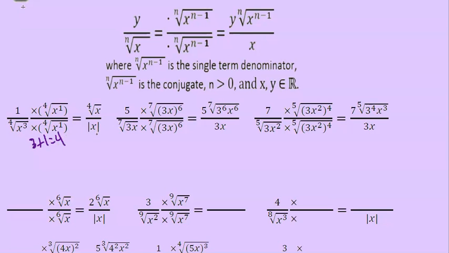So we're left with the absolute value of x, since this is an even root. And then at the top, we're just going to multiply each term by 1, which is just the 4th root of x.